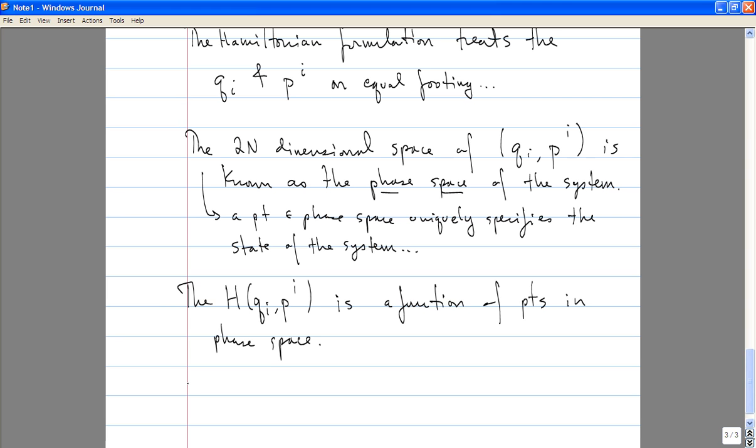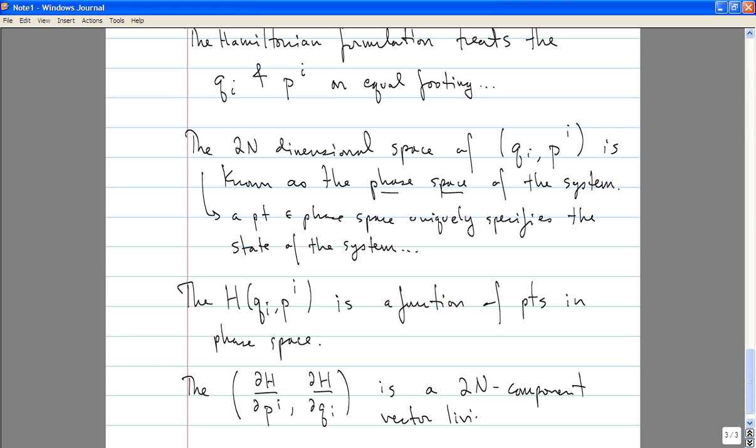And so we think of the set of partial derivatives, dH by dpi and dH by dqi, as a 2n-component vector living on this phase space.